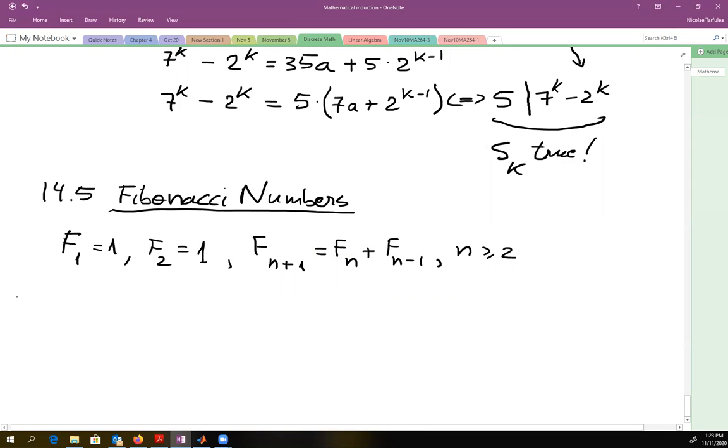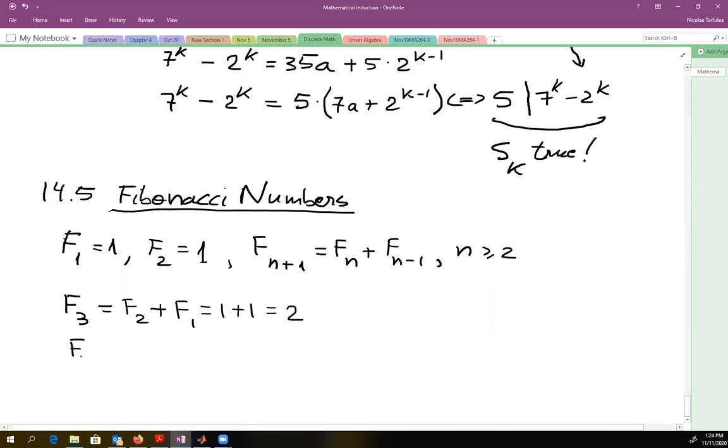Okay, let's compute a few entries of this sequence. F3: we have F1 and F2. F3 is F2 plus F1, according to this recursive formula. So this gives 1 plus 1, which equals 2.